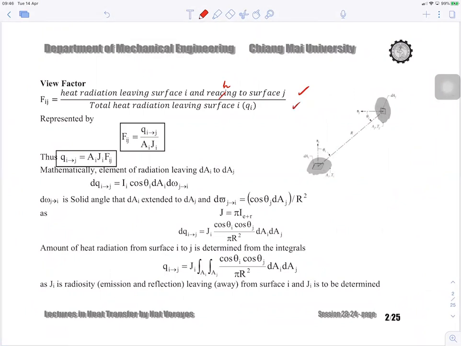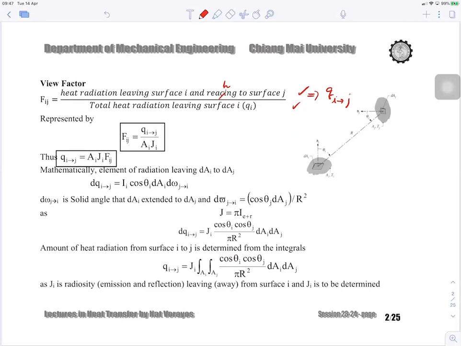Okay, so we will represent Fij by quantifying the numerator as Qij, the Q leaving surface i reaching surface j.